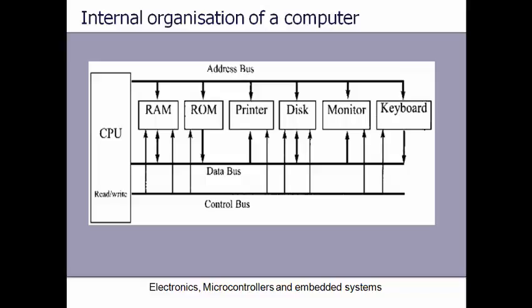And as we see here, some are inputs but only go inside, some are outputs, that means they give a result, and some are input and output, like the hard disk and the RAM. So we will explain the role of the address bus.